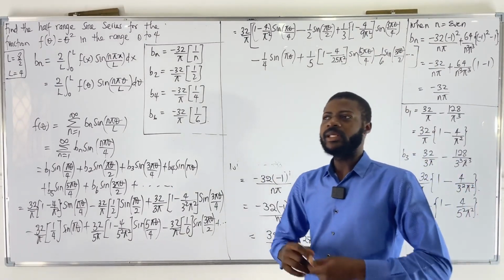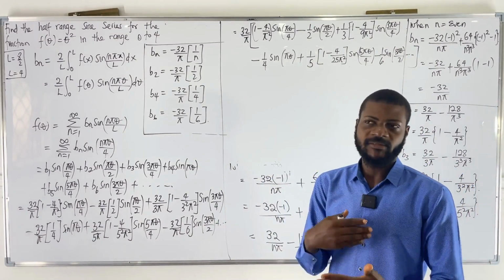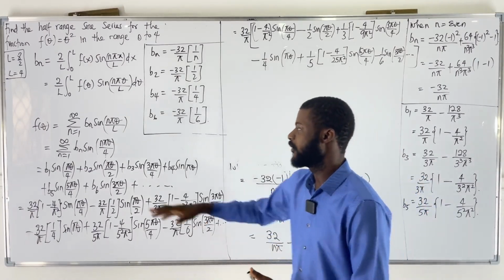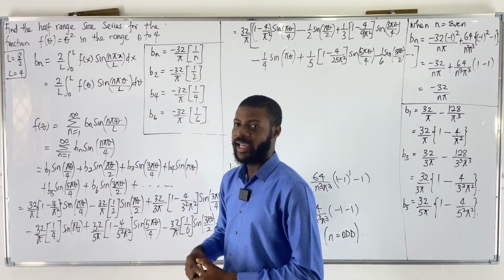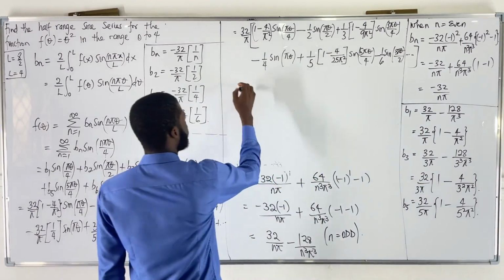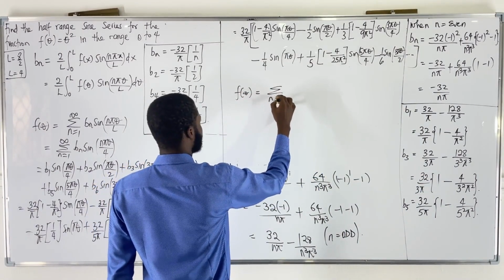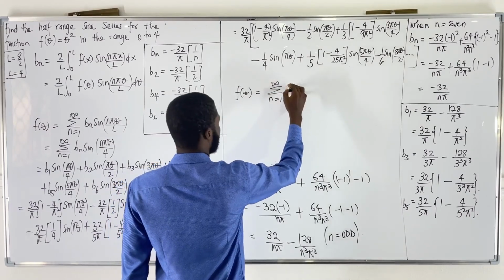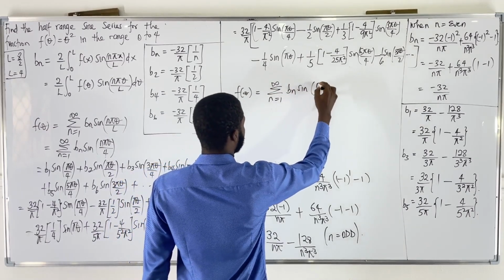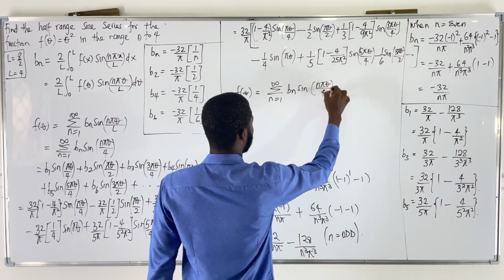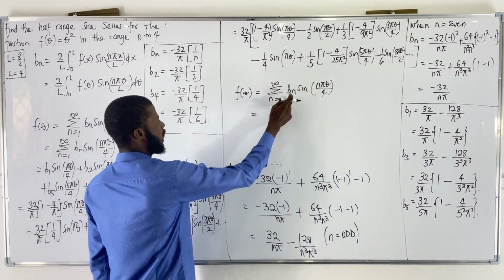What if the question says we should leave our answer in terms of n? That is the Fourier series. We should leave it in terms of n. Now, remember that the Fourier series f of theta is the sum from n equal to 1 to infinity, b sub n sine n pi theta over 4. That's the Fourier series. So let's put our b sub n.